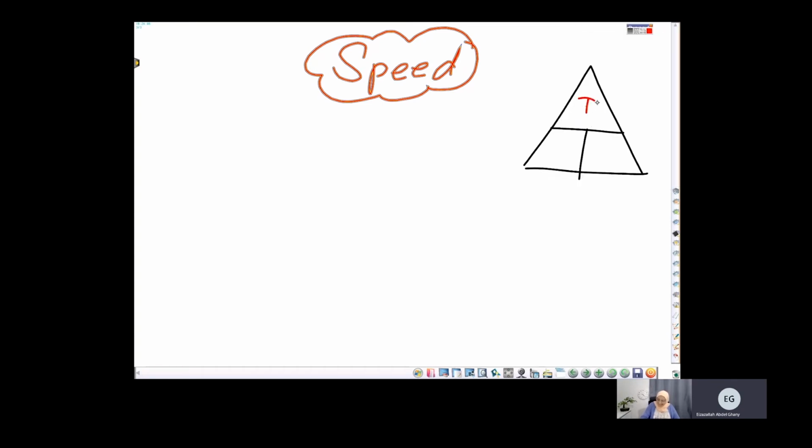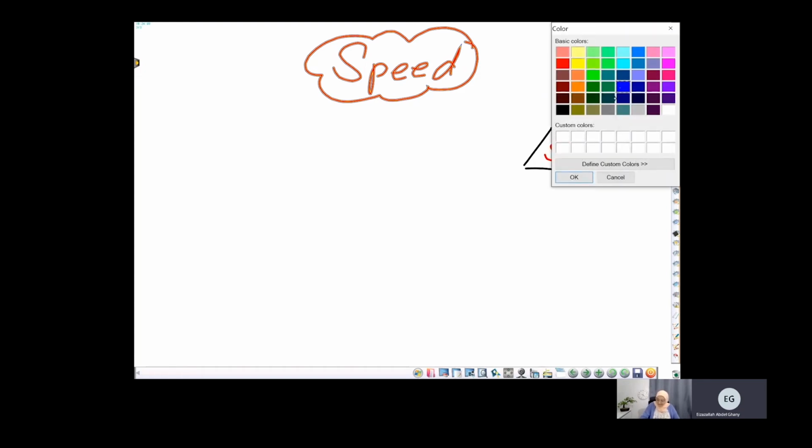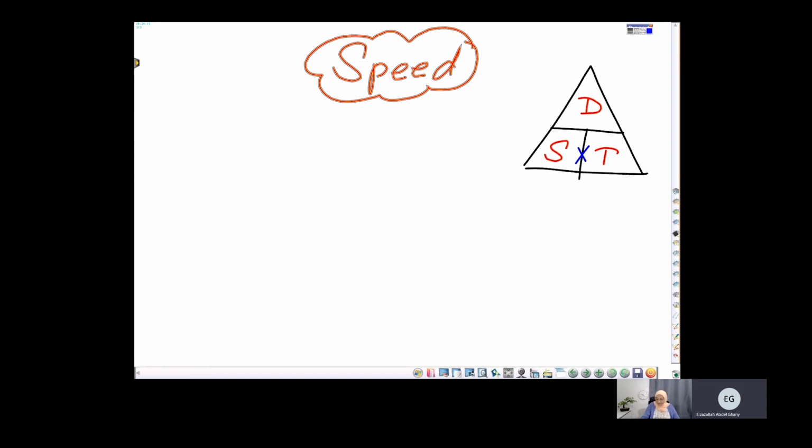Here is distance, here is speed, here is time. If you multiply speed by time, you get distance. If you need to find time, you click on time. It is distance divided by speed. If you need to find the speed, you click on speed. It is distance divided by time.